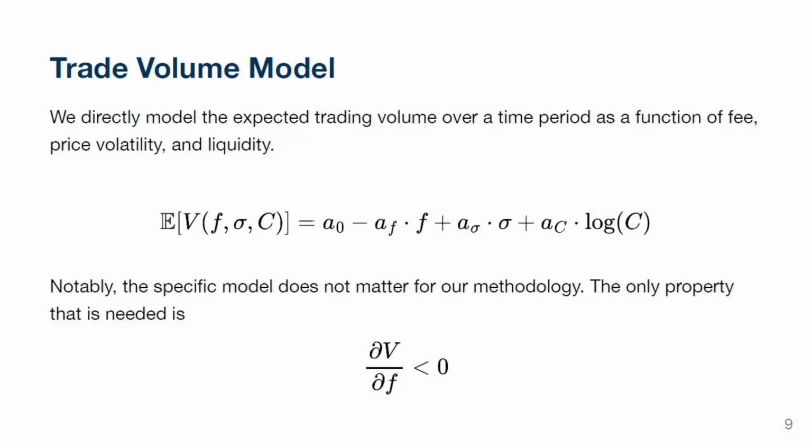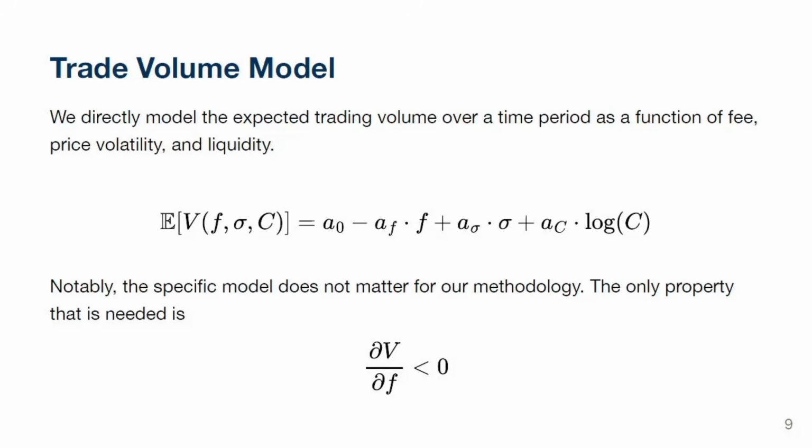And then the important thing to note here is that this dependence on liquidity, C, is sublinear. If you have linear or above-linear dependence on C, you get this inane result that I can deposit infinite liquidity and make infinite returns. So you need this sublinear dependence on C here.